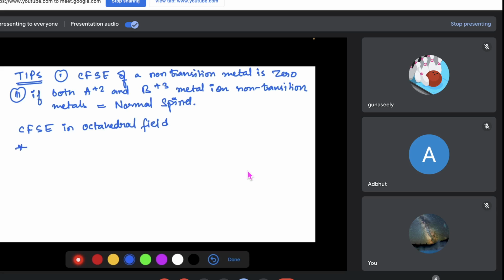It will be a high spin complex, or a weak field complex, due to the weak field ligand. And since my O4 occupies the CCP structure, that is why it is an octahedral field.